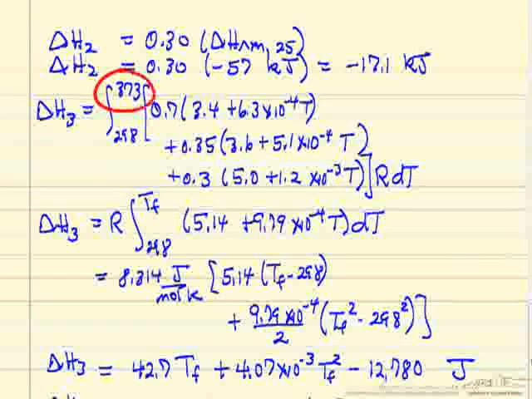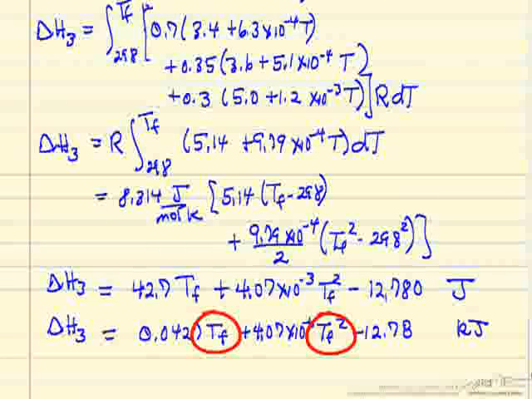So up here, again, this should have been the final temperature. After we do the integration we end up with an expression that still has the final temperature, the adiabatic temperature we're interested in, and it's squared here. We divide by 1,000 to convert from joules to kilojoules so we can use it with the other terms.